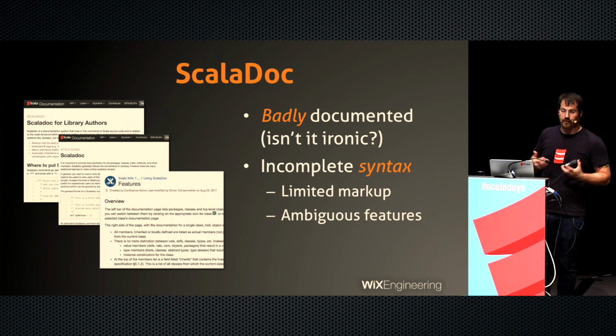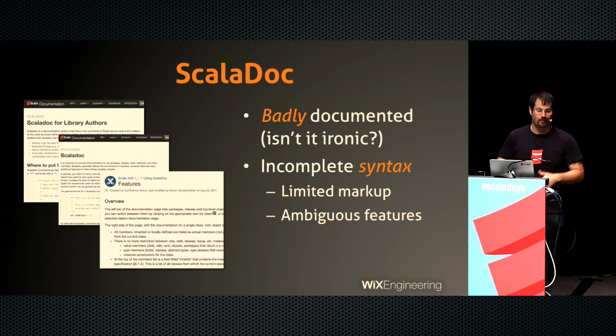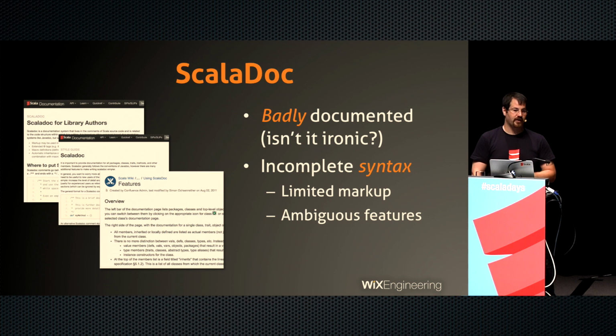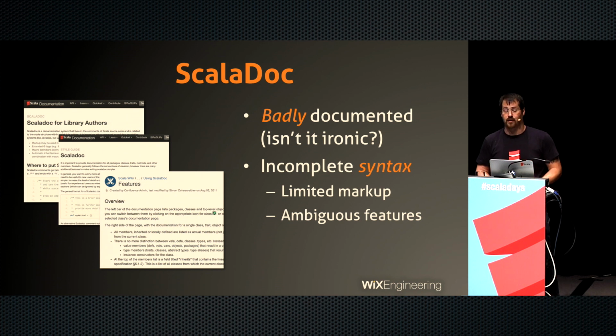Also, there's some syntactic issues with ScalaDoc. Regardless of whether or not you approve of custom markup within inline code comments, even for really fundamental things, such as linking to methods or linking to types, there's a lot of confusion. Basically, the guides will not give you the information you need to properly link to things.